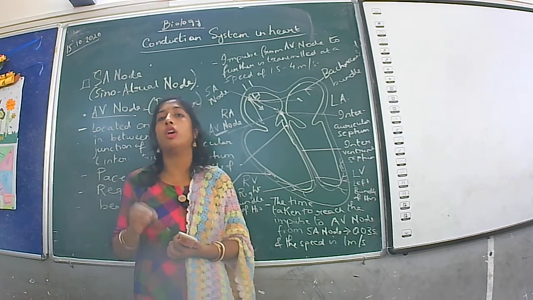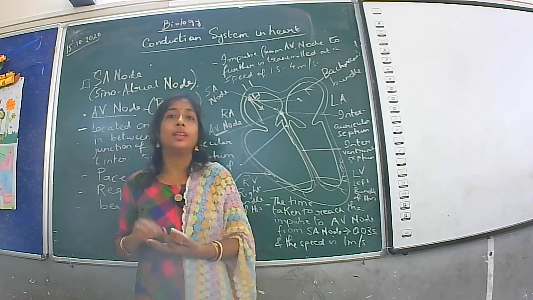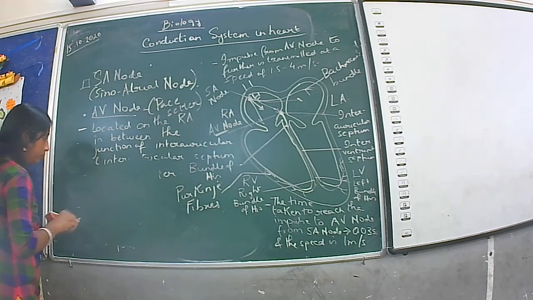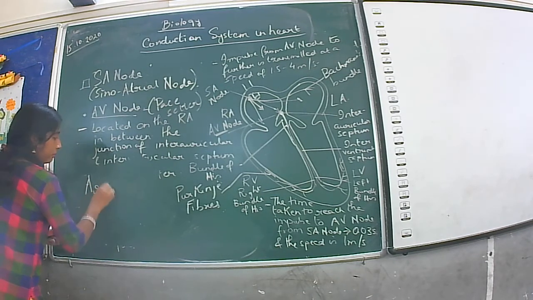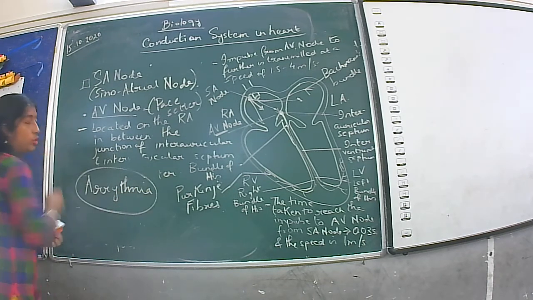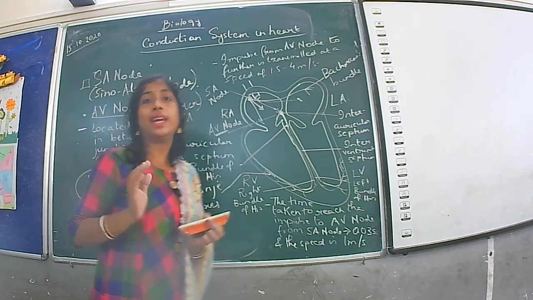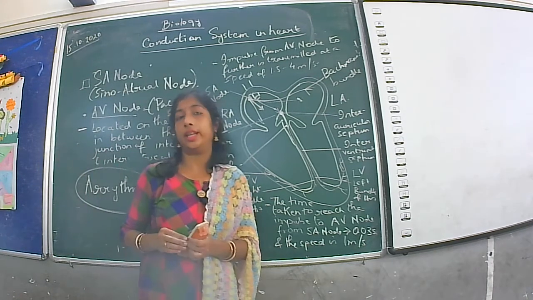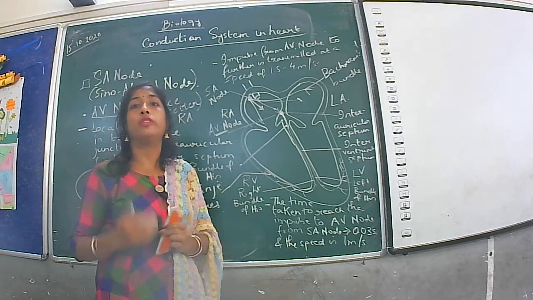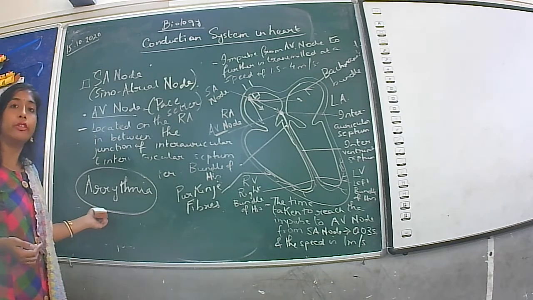The rhythmicity of the heartbeat will not be proper, and that condition is known as arrhythmia. So when the natural pacemaker, that means the SA node, is not working properly, then obviously there will be a problem in the rhythmicity of the heartbeat, and that condition is known as arrhythmia.